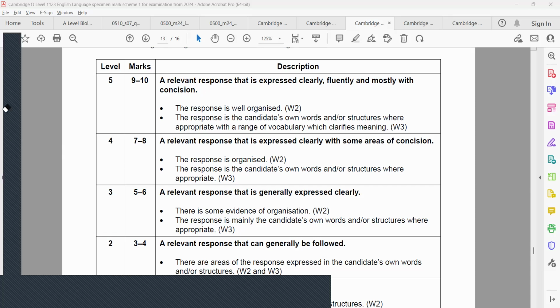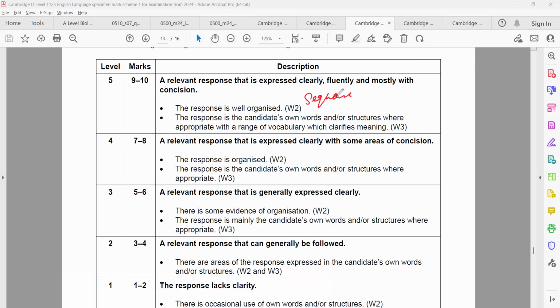So what you're doing is you're careful about the sequence of points. So you're organizing that as well, right? It's not that the point that should come at the end comes first, and you're ending with something that should be mentioned in the middle. No, right? So this proper sequence, points that should come at the start and then the middle and then the end.